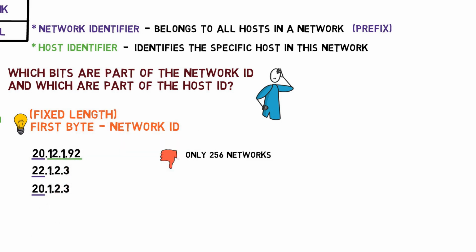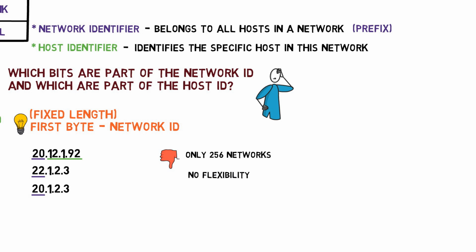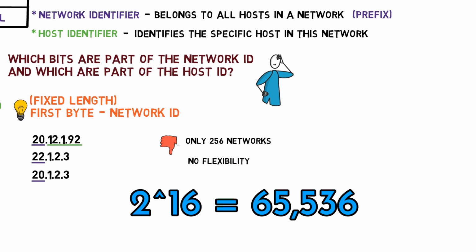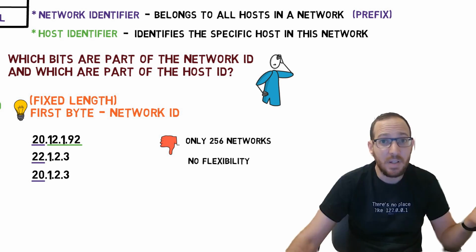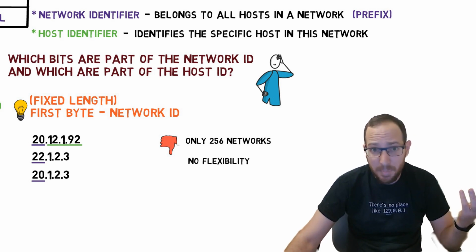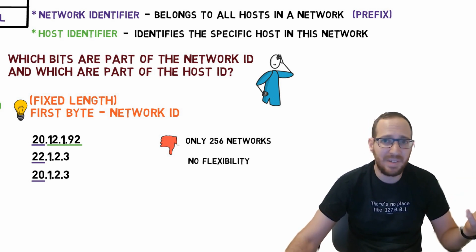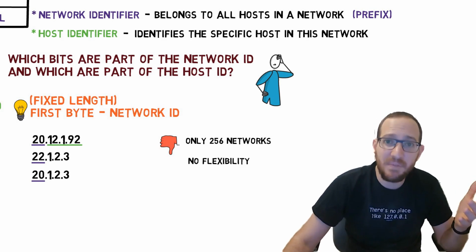If we decide that the 2 most significant bytes will represent the network ID and the 2 least significant bytes will represent the host ID, then we can represent up to 2 to the 16th power, or 65,536 networks, which is, well, also not enough. Furthermore, some networks, such as those of really large companies, might require more than 65,536 host IDs. The solution lies in providing some flexibility.